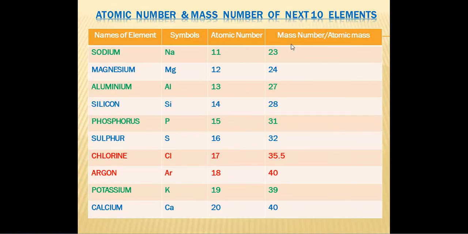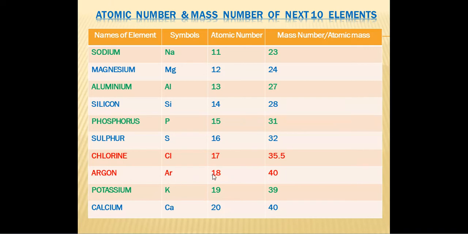Means the next 10 elements we will look over there, from sodium to calcium, from atomic number 11 to 20. Sodium is having atomic number 11, symbol is Na. Magnesium is having atomic number 12, symbol is Mg. Aluminium is having atomic number 13, symbol is Al. Silicon is 14, its symbol is Si. Phosphorus is 15, its symbol is P. Sulfur is 16, its symbol is S. Chlorine is 17, its symbol is Cl.